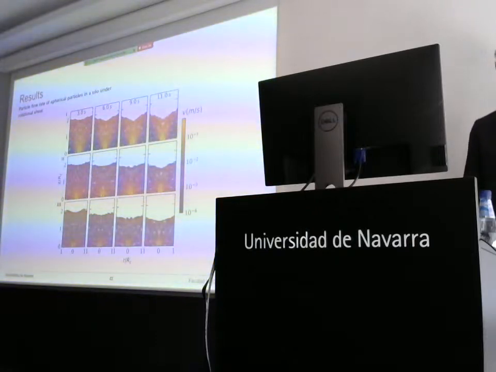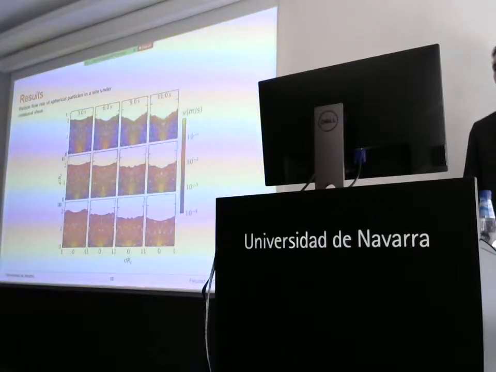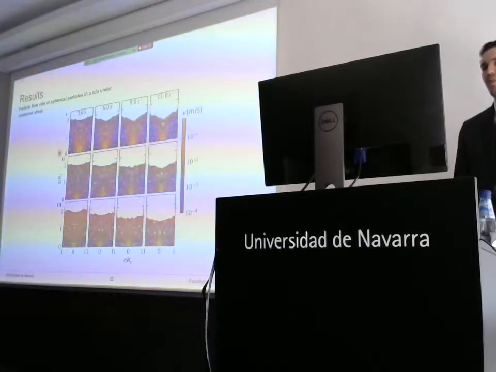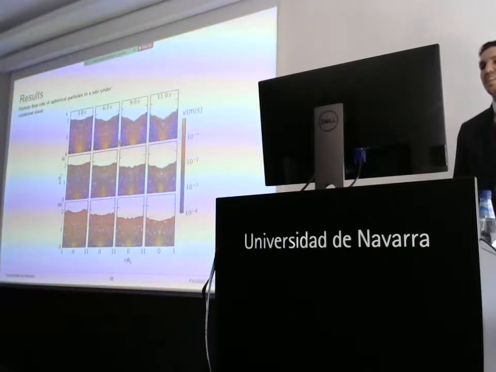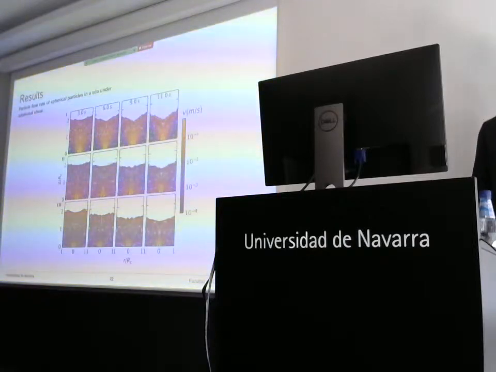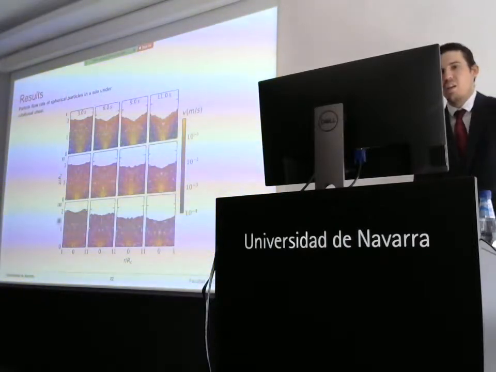However, when we apply rotational speed to the system, we can see that this depression disappears. Another feature that is typical of the flow patterns is, for example, that for funnel flow we have the appearance of this stagnant zone that we can see here and here, which disappears when the rotational shear is applied to the system.